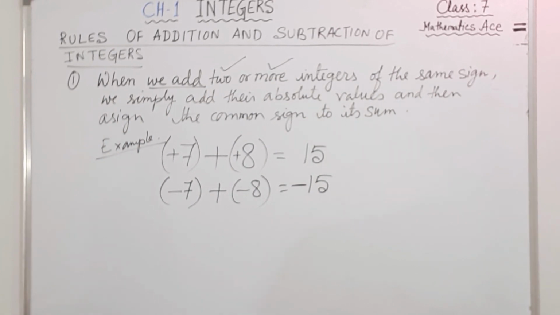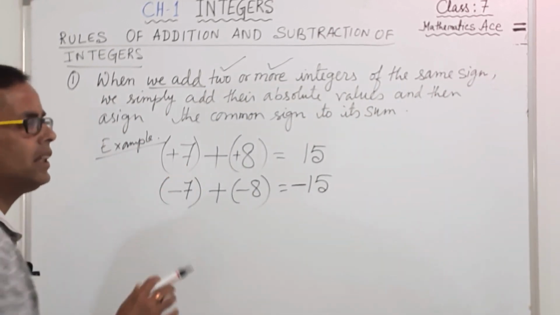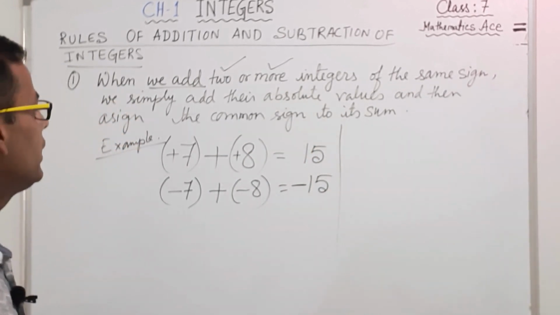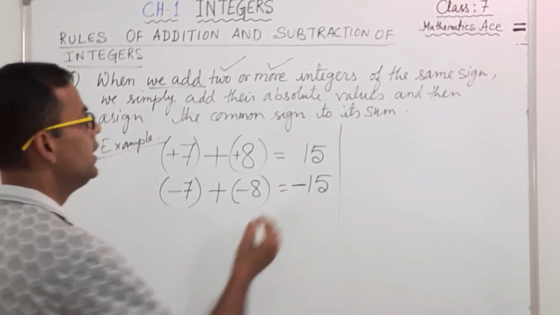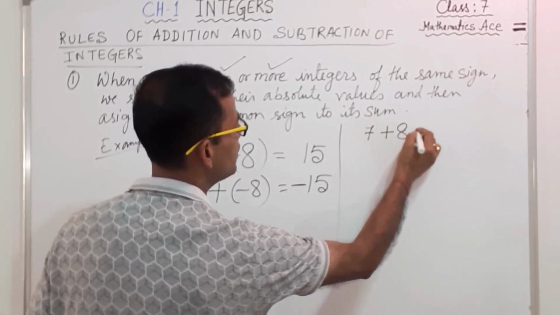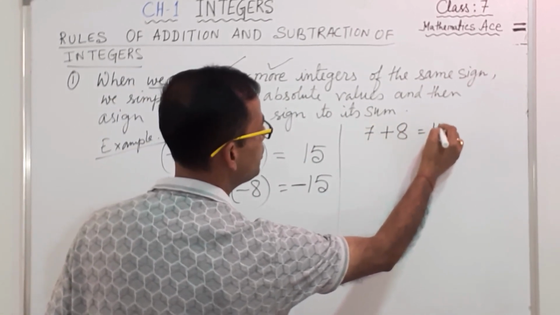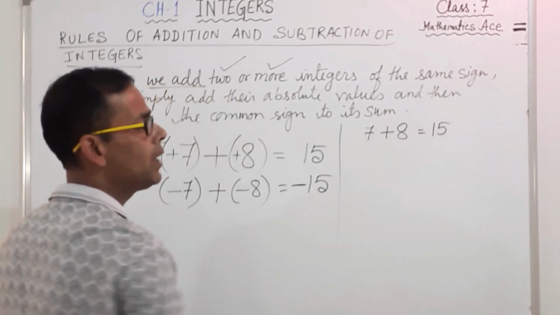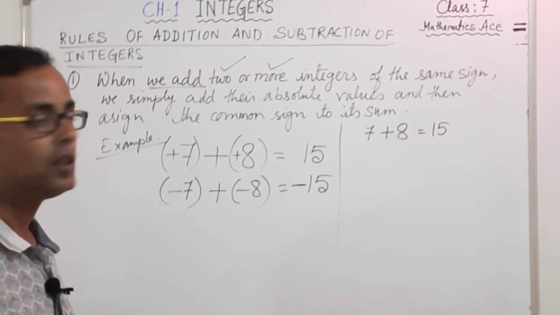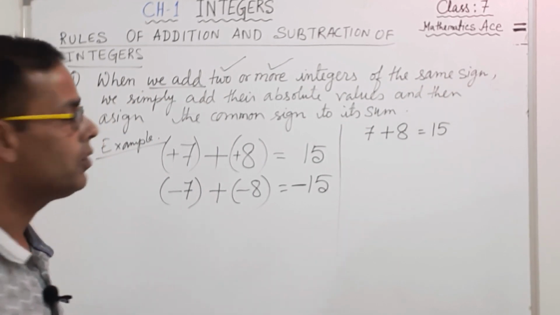Clear? Now this is the thing, but when we do sums in our practice, now see 7 plus 8. So you will put here 15. 8 is also having plus sign, 7 is also having plus sign. So we will use the plus sign only, and plus sign no need of writing.